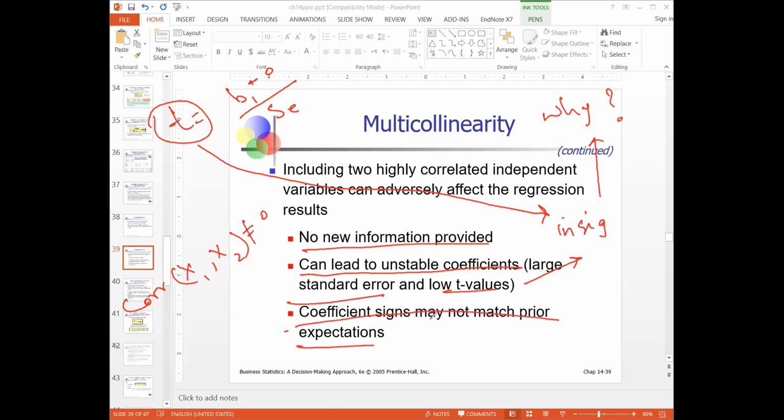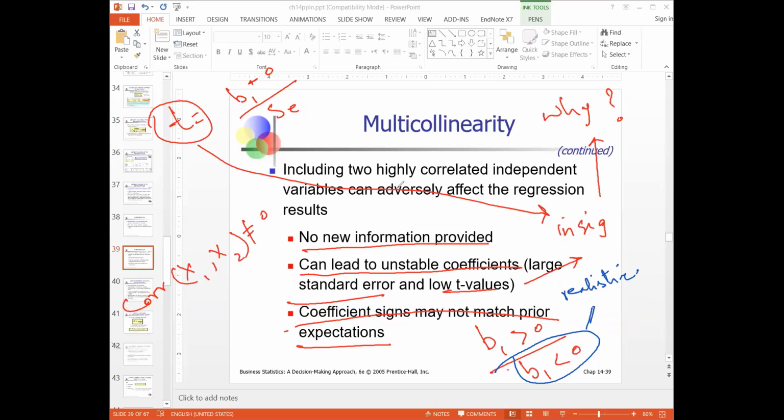Even though your model is good, but your expected signs are wrong. You were assuming that my beta 1 should be positive, but because of this multicollinearity, it is opposite. So there is no theory available, and you try to justify the wrong coefficient, which is not realistic in literature, and you end up getting lower marks in your projects because you're trying to estimate something that does not exist.